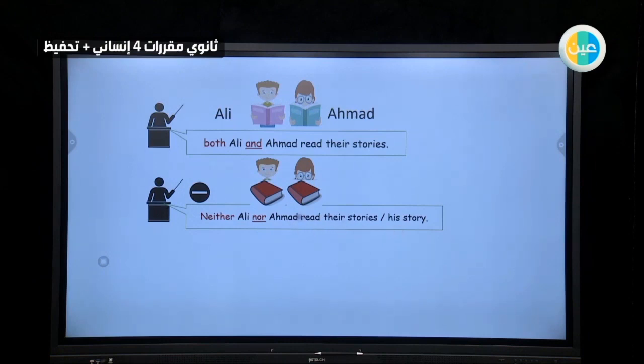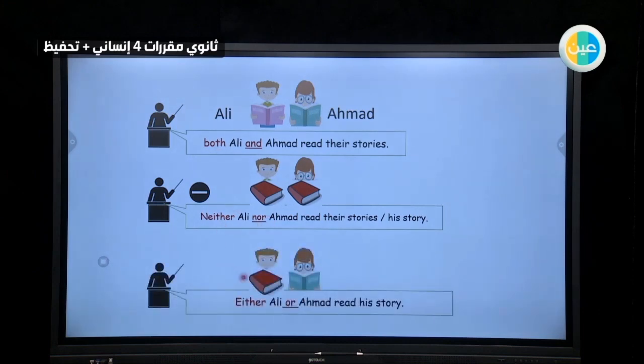Look here, they are closing their books. No one of them is reading now. Neither Ali nor Ahmed. So we can guess here that and comes with both, nor comes with neither. And we have here either Ali or Ahmed reads his story. So one of them, either Ali or Ahmed reads his story. So or comes with either.